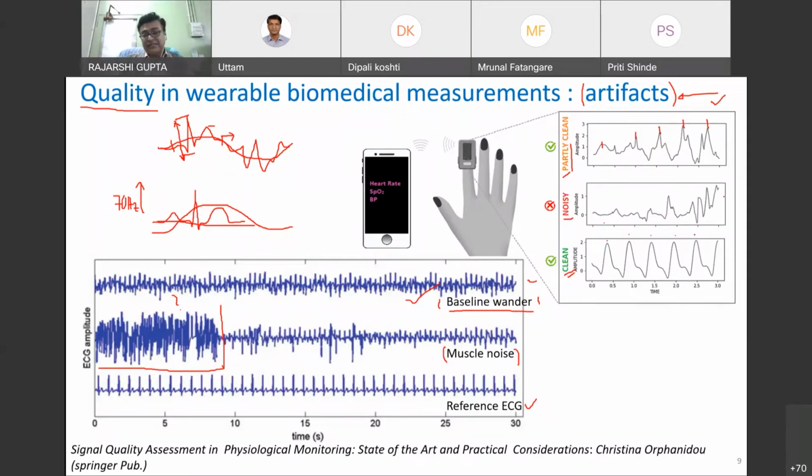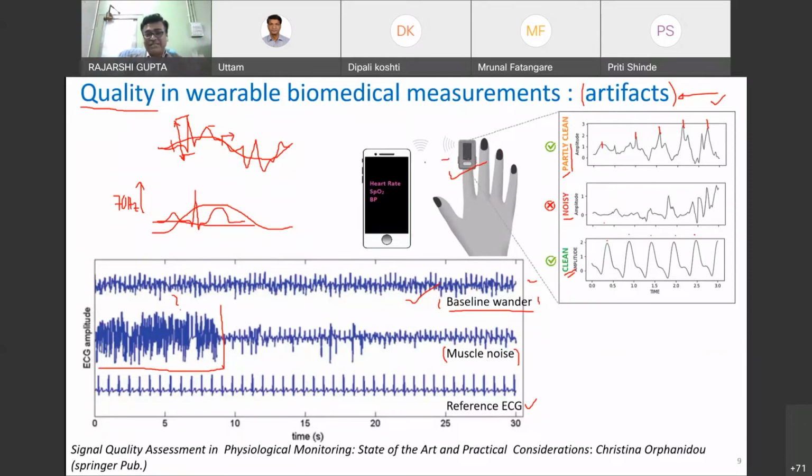In the case of a PPG signal, most of these artifacts come from the movement of the body part where the PPG sensor is attached. Normally, ECG sensors are mostly chest-mounted, so there is not much body movement. But whenever the PPG sensor is on a finger and a person is doing normal activity, hand movement will invariably occur.